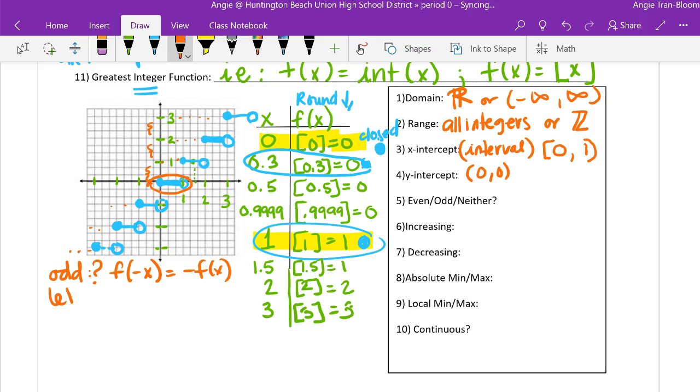I'm going to let my x be, let's say, how about 2? Is that okay with you? So I'm going to do f(-2), okay? From this graph, here's -1, here's -2. f(-2) is actually -2.